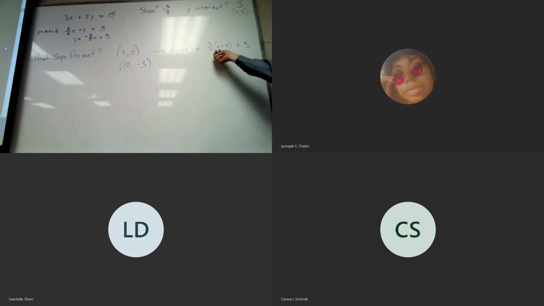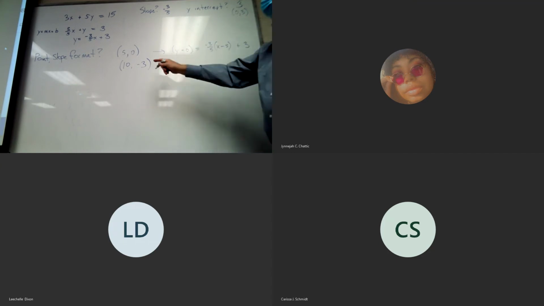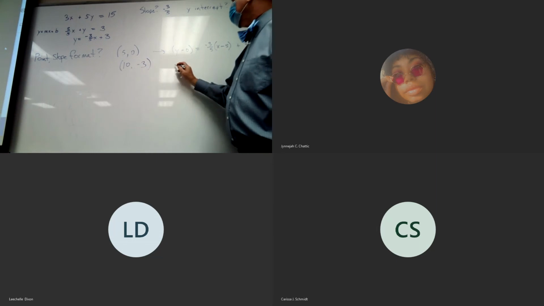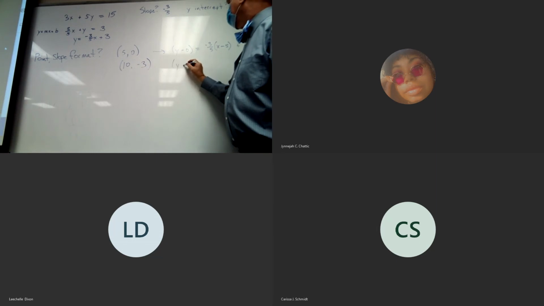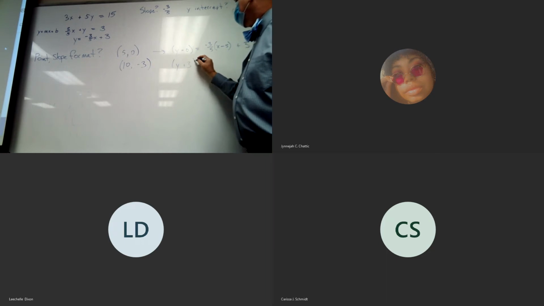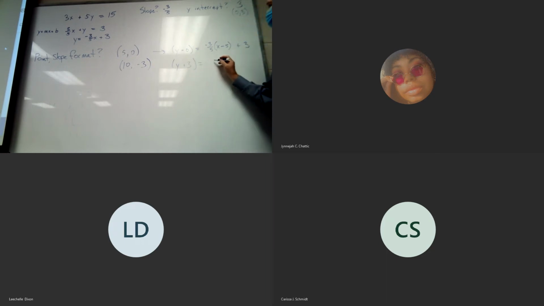There is point slope format using that point. If I wanted to say point slope given that other point, y plus 3 equals negative 3/5 times x minus 10.